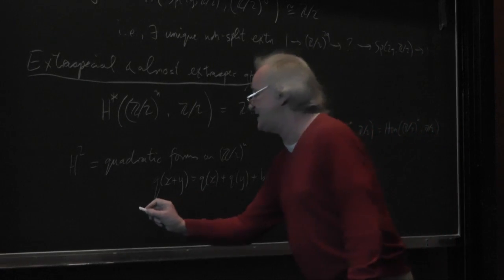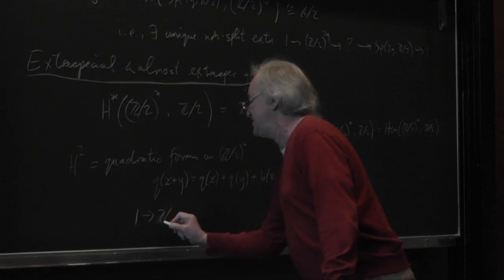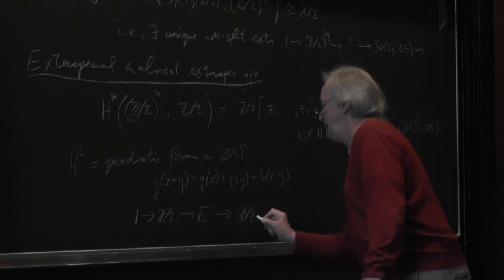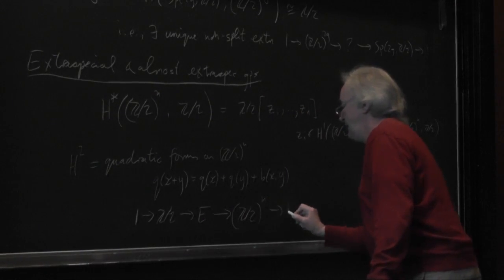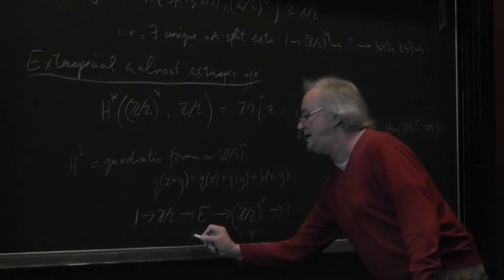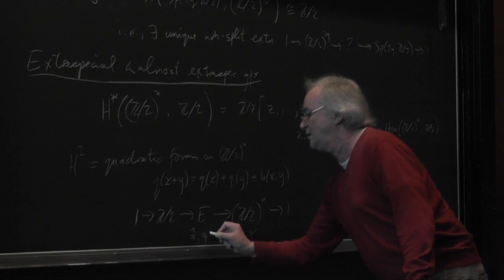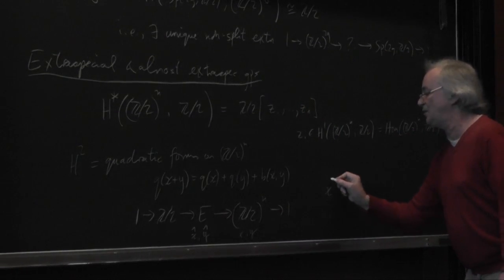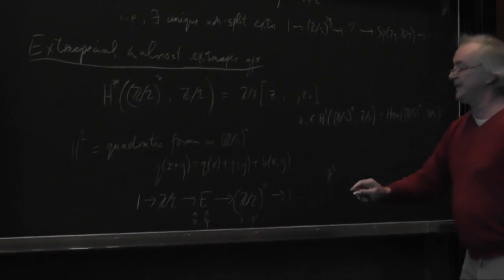In other words, if I take the corresponding group extension, and I take some elements x and y here, and lift them up to E in any way you like, call the lifts x hat and y hat, then x hat squared is of course well defined.